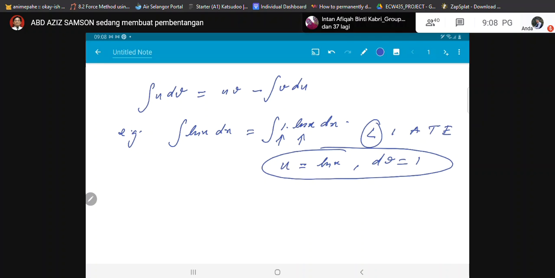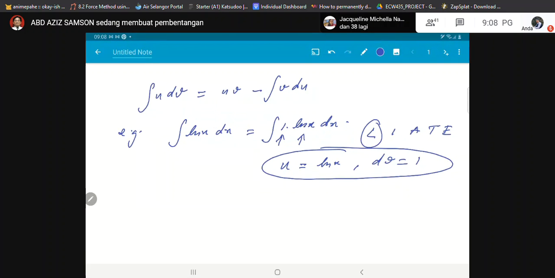Can I choose u as 1? Cannot, because between log and algebraic functions, log comes first, and 1 is an algebraic expression, so you cannot choose u as 1.